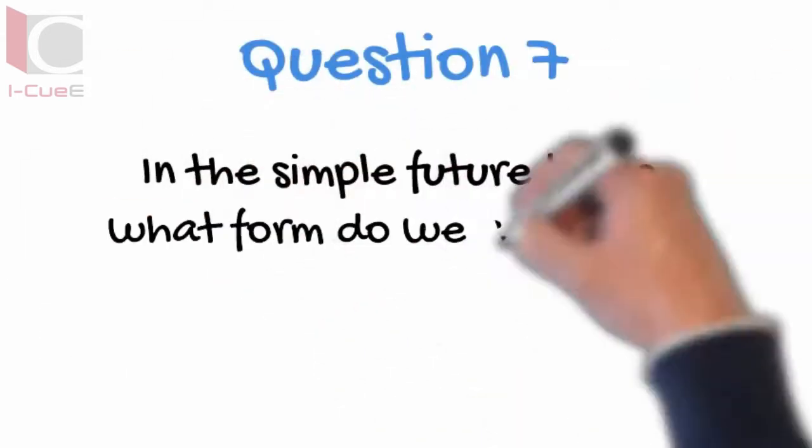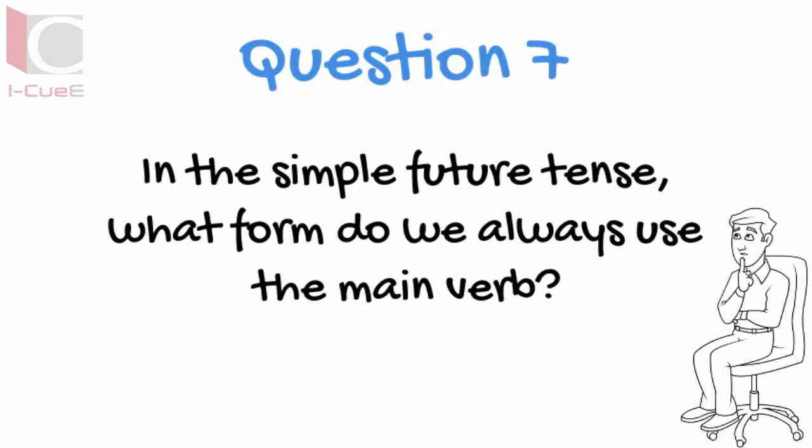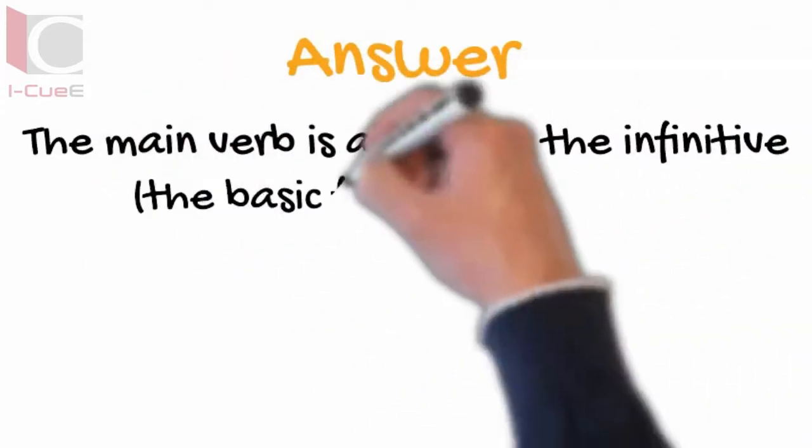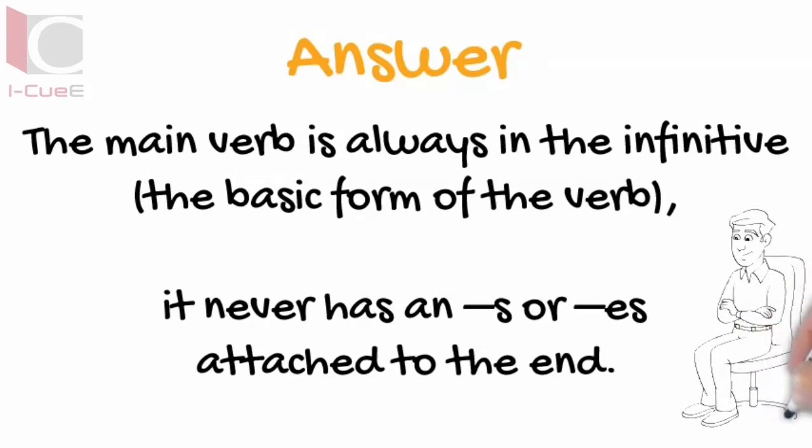In the simple future tense, what form do we always use the main verb? The main verb is always in the infinitive, the basic form of the verb. It never has an s or es attached to the end.